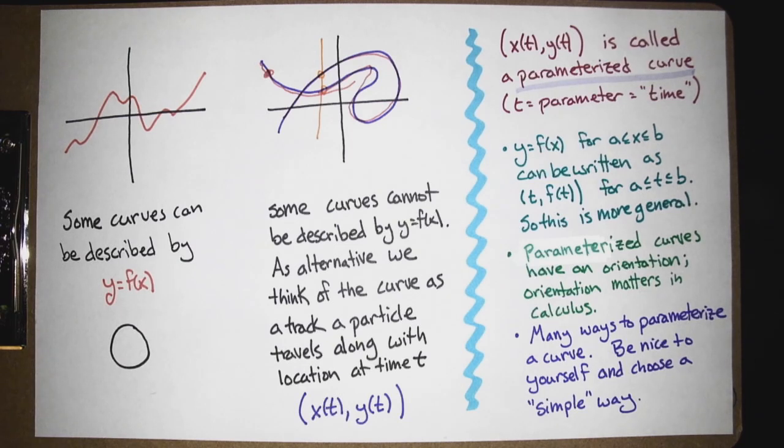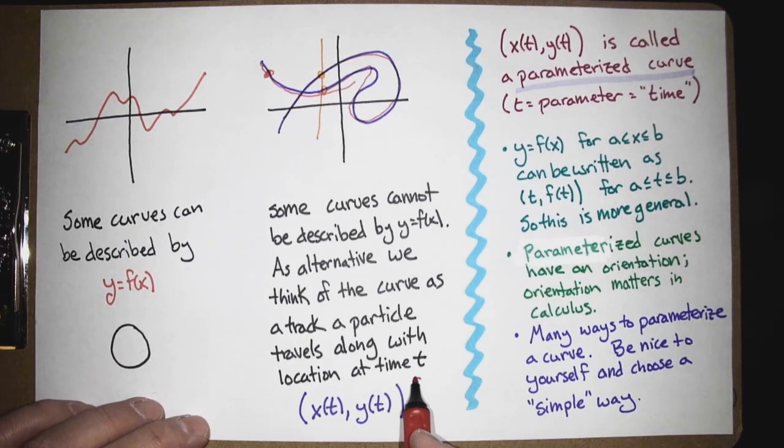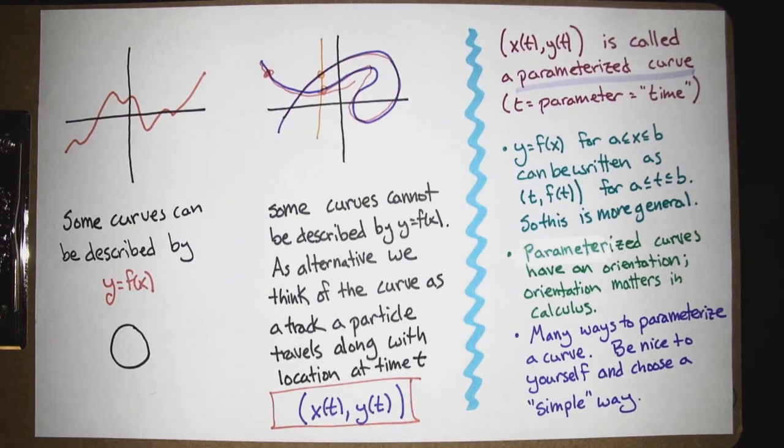And then you say, okay, what's important to keep track of? Well, we can phrase it as where is the particle at any given time. So we have our expressions x of t, y of t. So where is our x coordinate at time t? Where is our y coordinate at time t?